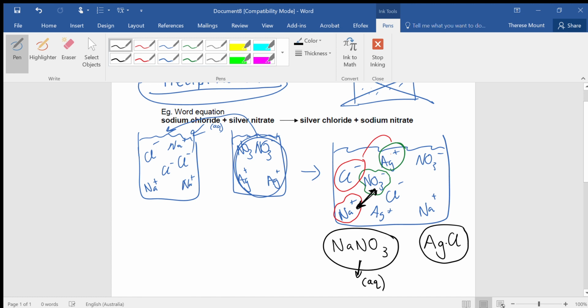These two, if I look at my solubility table, I find out that this combination is insoluble and it will form a solid when they come together. So they actually come together and join up, okay? These two are still separate even though we write them as together. So these two come together and form a solid.